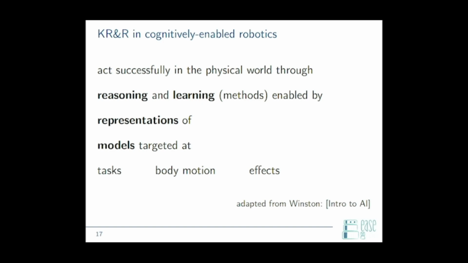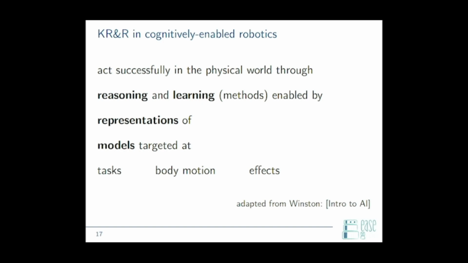So cognitively enabled robotics is about acting successfully in the physical world through reasoning and learning methods that are enabled by representations of models that are targeted at tasks and body motions and effects.